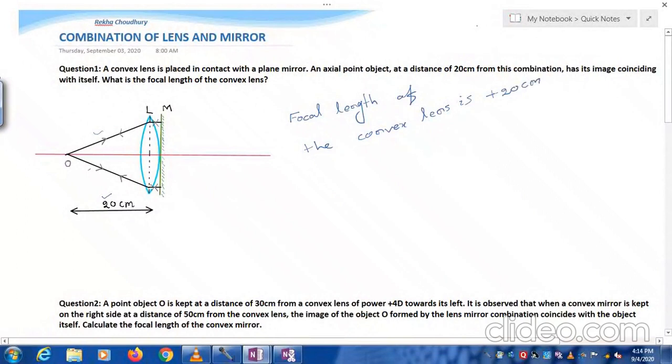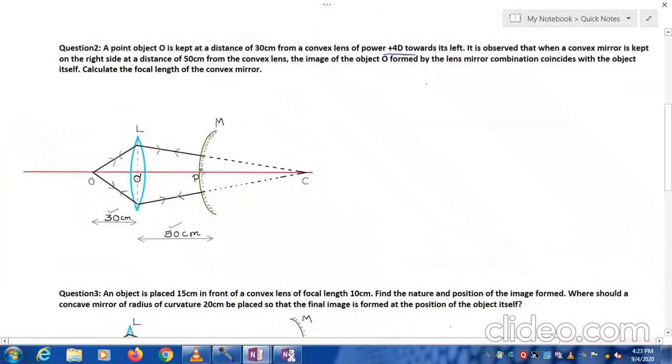That is, the object lies at the focus of the lens.